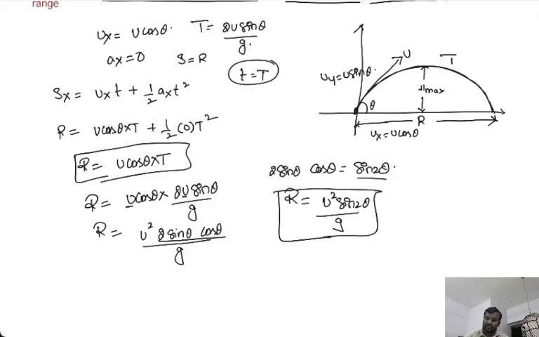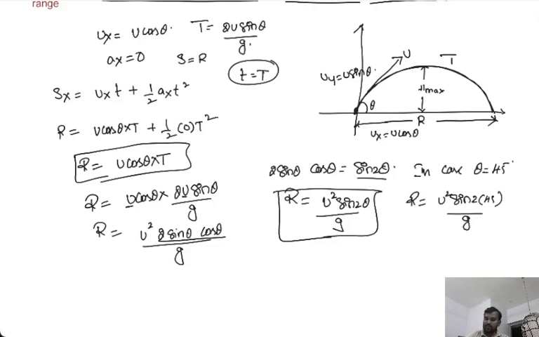In case θ is equal to 45 degrees, what happens to the range at that time? You substitute the θ value in the range, then R is equal to u² sin 2 into 45 divided by g.